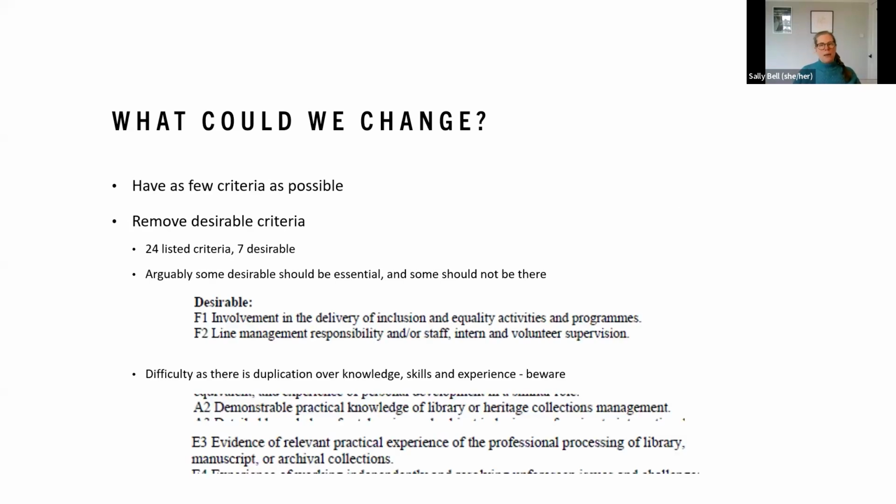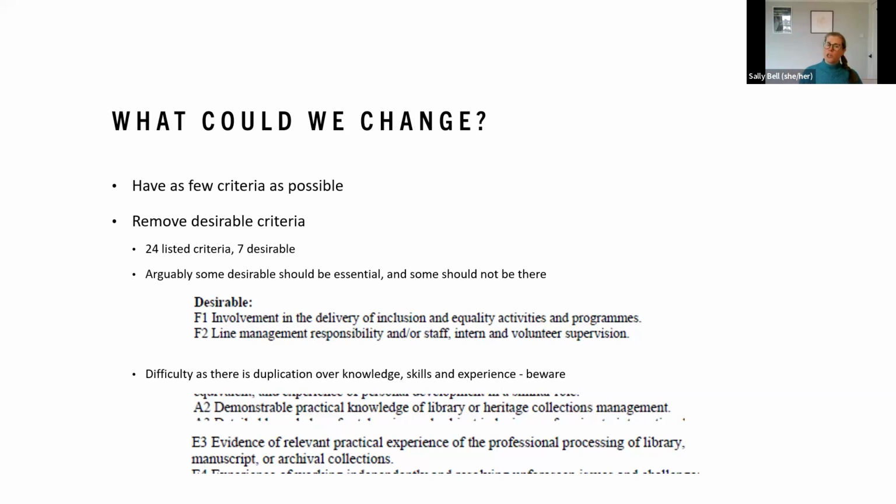I started thinking about the other things that we could have changed. Having as few criteria as possible and removing the desirable criteria. We did an exceptionally poor job in this section. We had 24 listed criteria and 7 of those were desirables. Now, if I think of that from an applicant's perspective, that's 24 different requests that you are being expected to evidence your knowledge, skills and experience in.